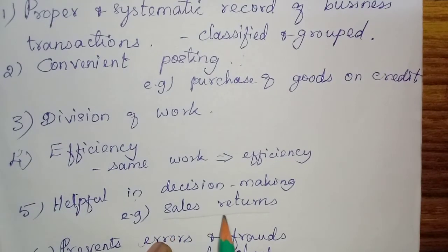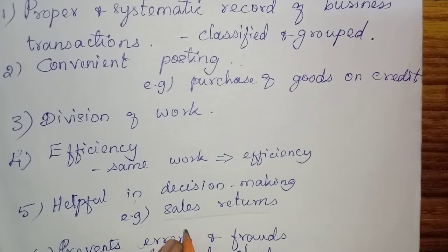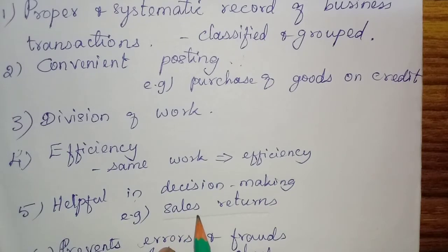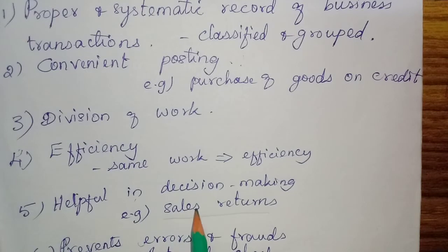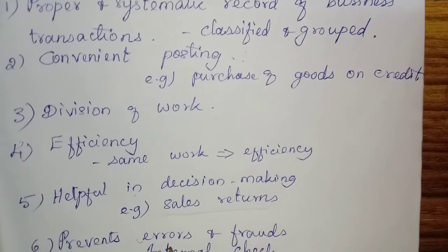By seeing the sales returns book, they can come to know every day how much is the sales return, or monthly they can consolidate, and as per that they can take some measures to reduce the sales returns. They will analyze the reason for the sales returns and reduce it to some extent. But if the same thing is written in the journal entry, it will be a little difficult to find out how much sales returns is coming.